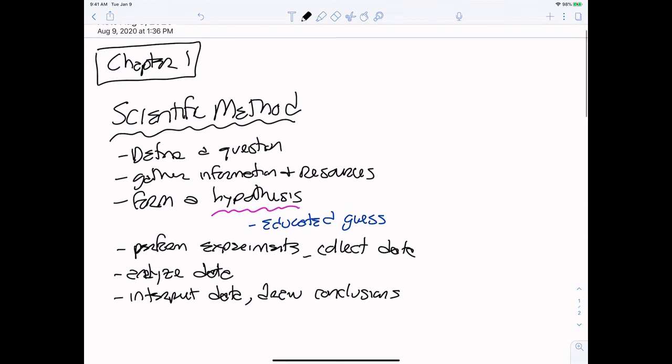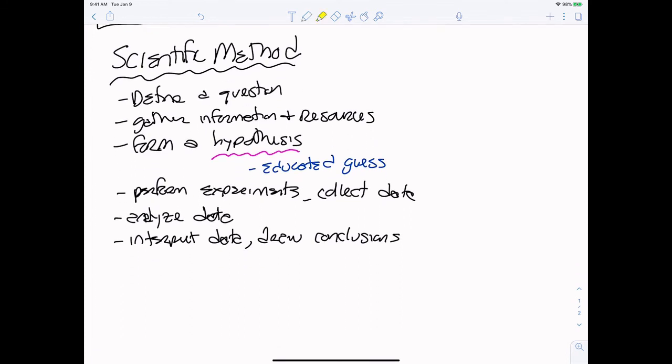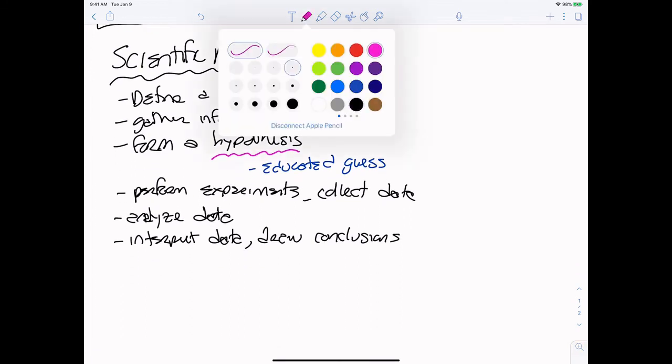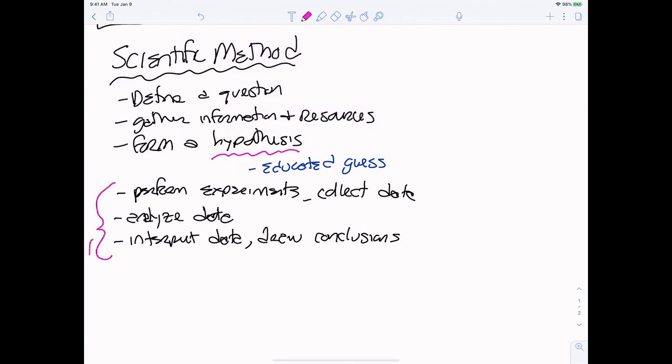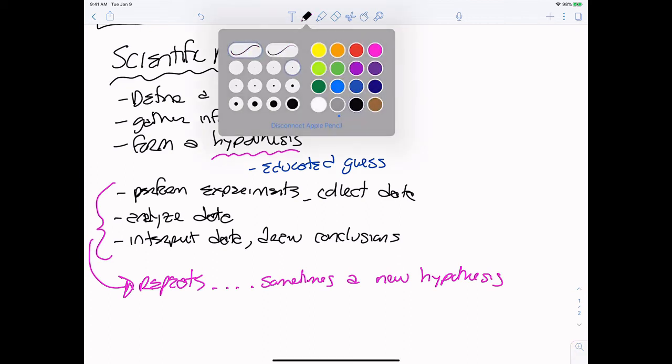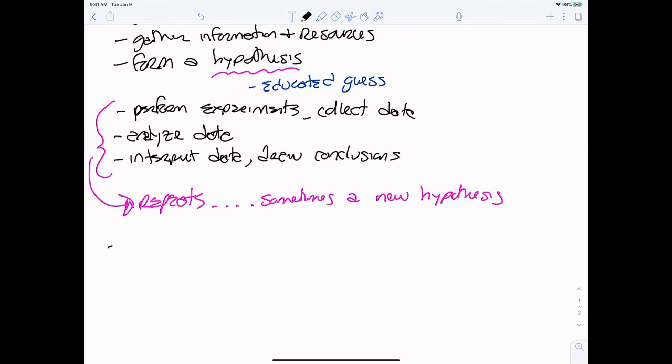And then again, that whole part often gets repeated. Sometimes a new hypothesis. And then hopefully eventually we end up with our theory.